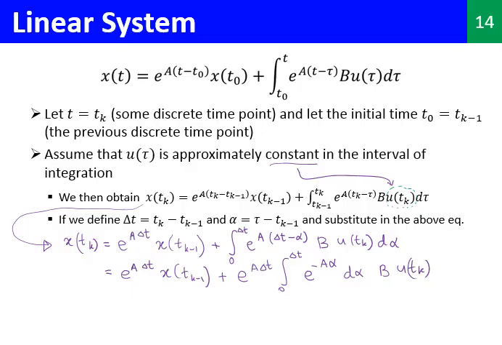Alright, now I'm going to rename certain terms. So the first one I can take as xk, that is basically x(tk). Alright, and then this term I'm going to rename as f, and next we have xk minus 1, which is basically x(tk minus 1).